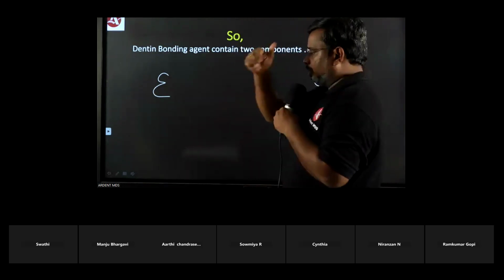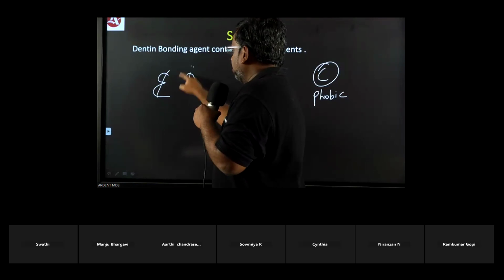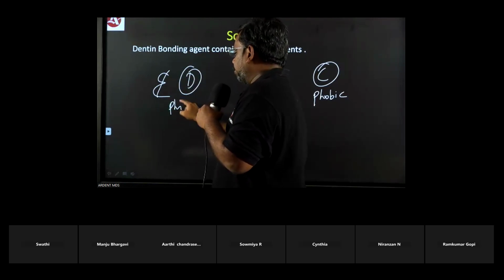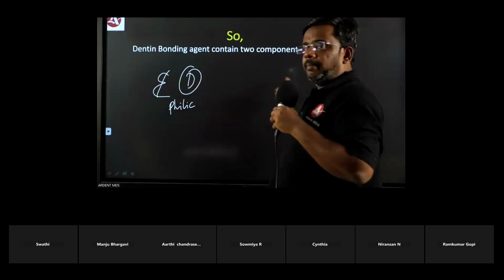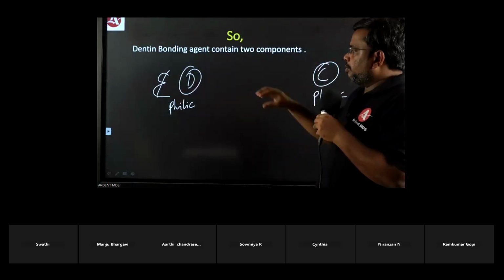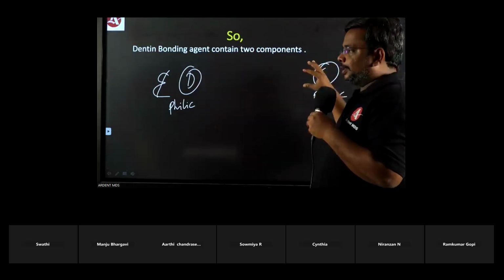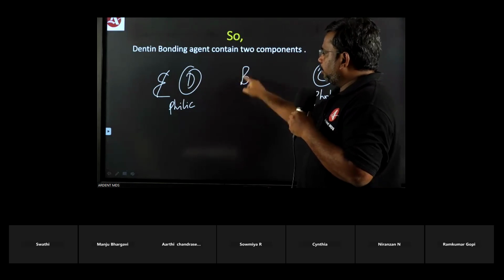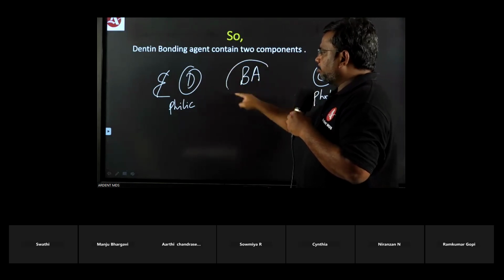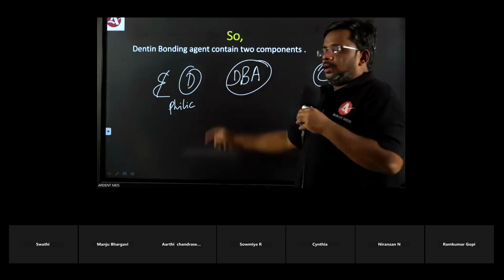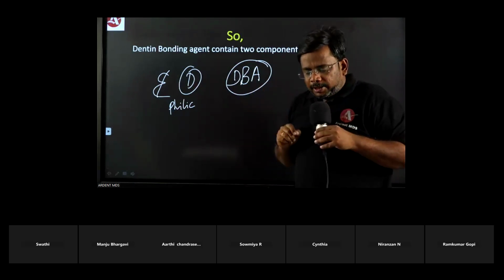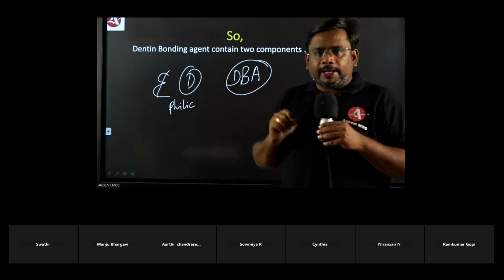Composite is hydrophobic. You have dentin. Dentin is hydrophilic. So they do not bind together. For joining them, in between, you use something called DBA, that is dentin bonding agent.